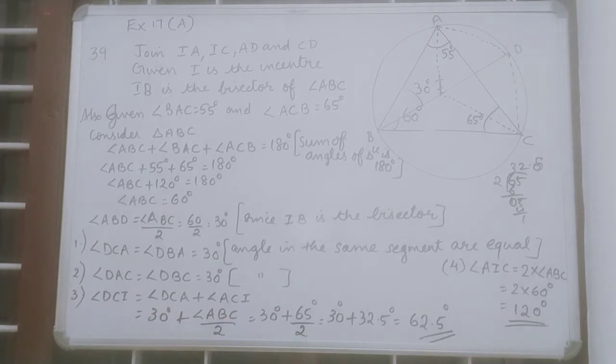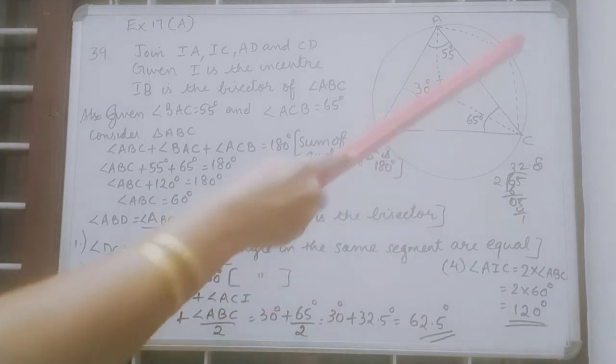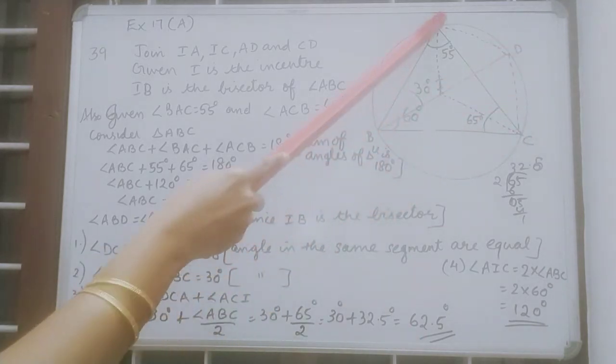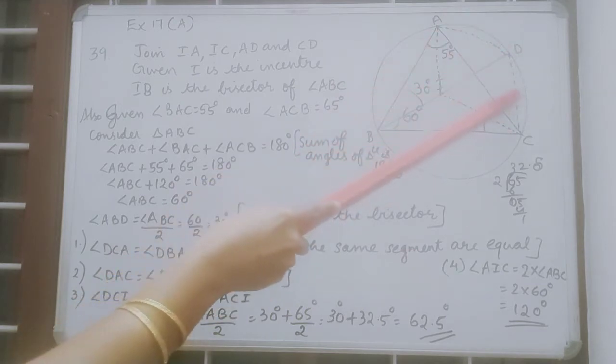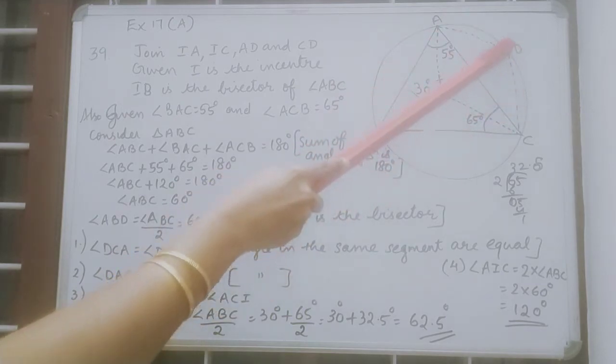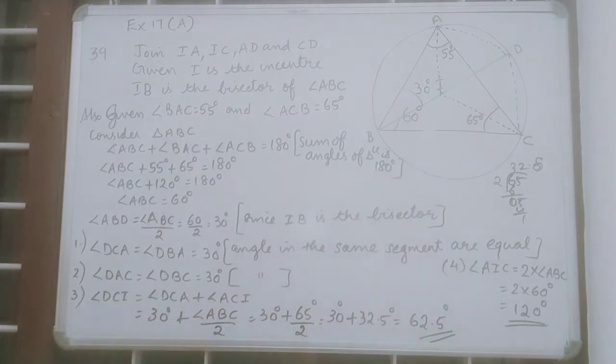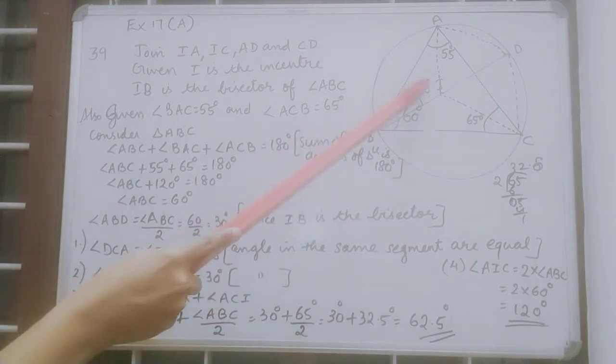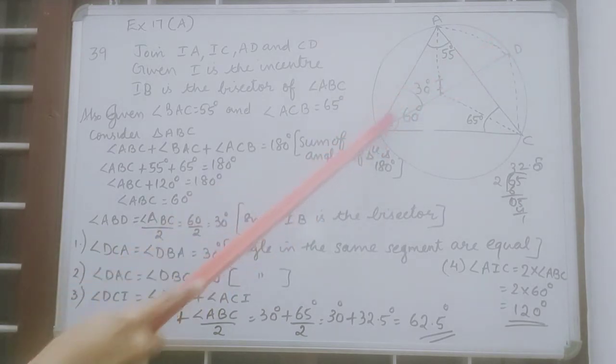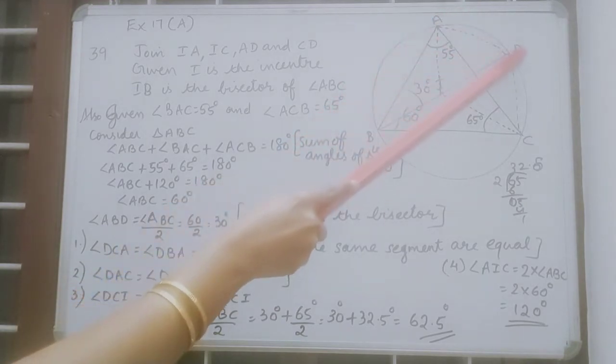Next we want to find angle DCA. First, DBA. What about DBA? DBA we got as 30 degrees. DBA lies in the segment AD.